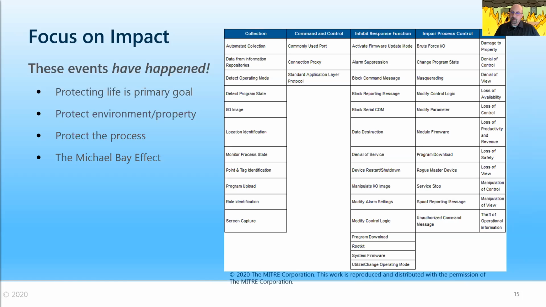And then finally, protecting the process. And basically, as you can see in this impact section, almost anything that happens, loss of productivity and revenue, that's going to be a consequence of almost anything that happens in an ICS environment, whether or not lives have been lost or there's been any casualties or any other property damage.